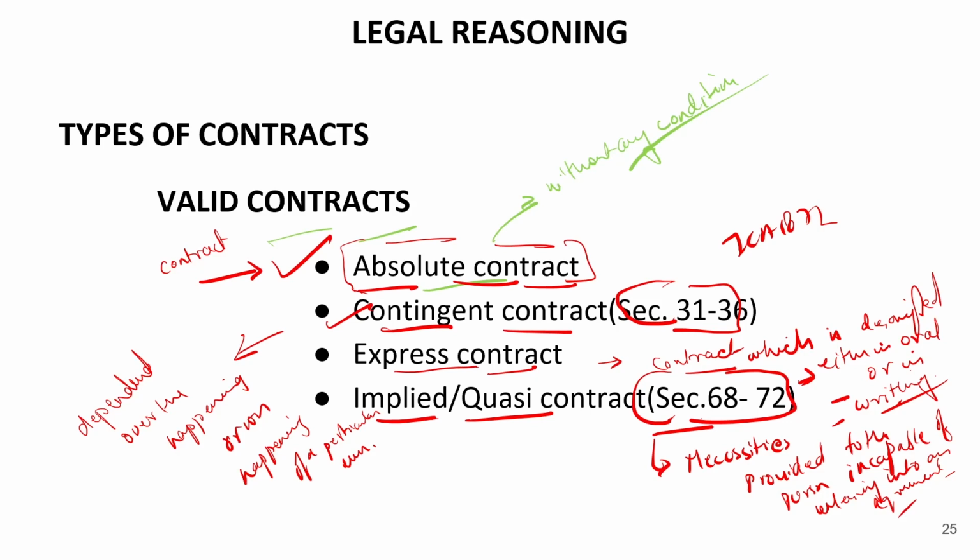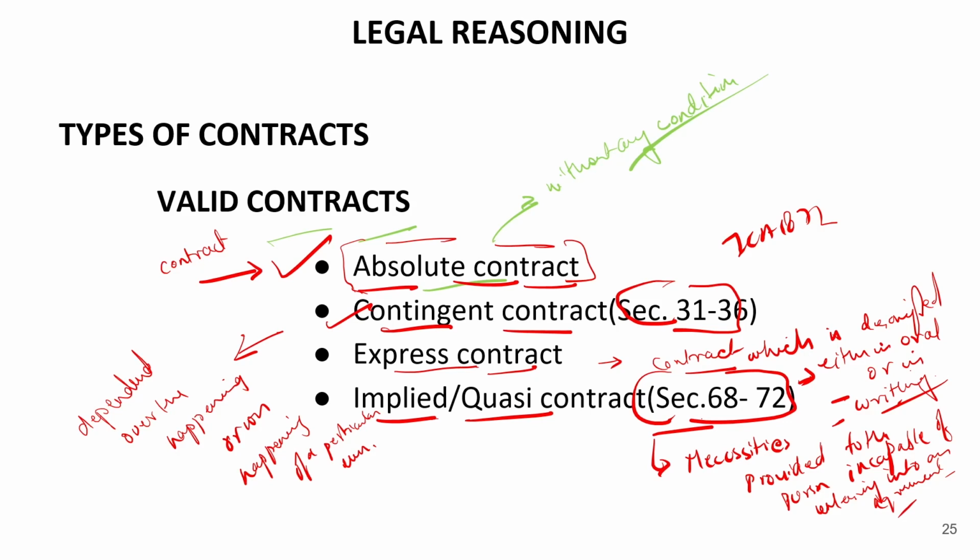But in these scenarios, the contract is not with the minor, rather with the guardian of the minor. So if something has been provided to the minor or any person incapable of entering into a contract, the obligation to perform the requisite task on the side of the minor shall be completed by their guardians, and it will ensure that both parties' performance is done.